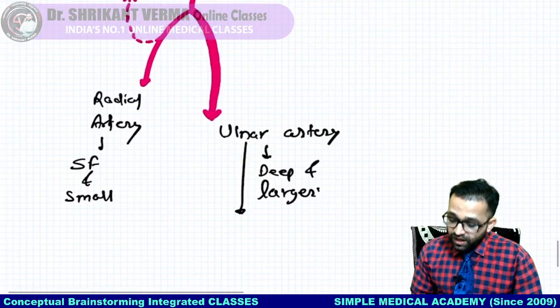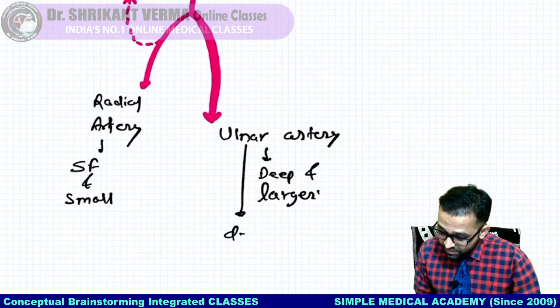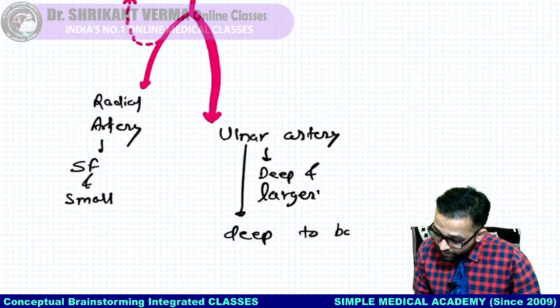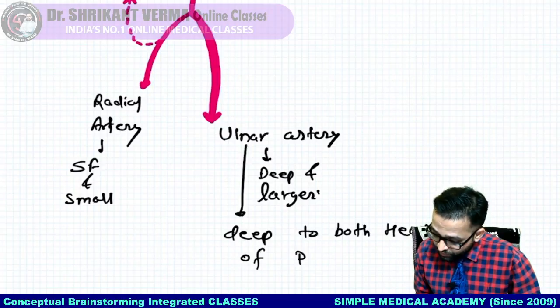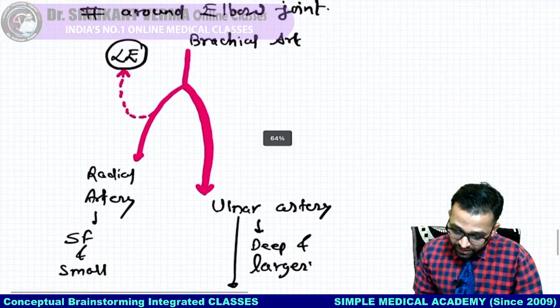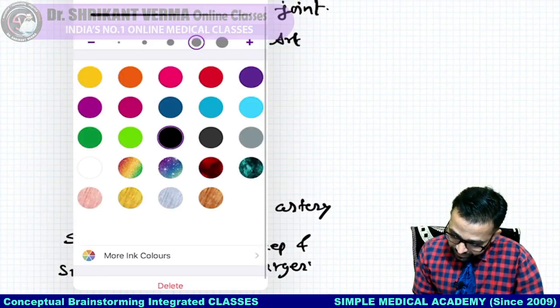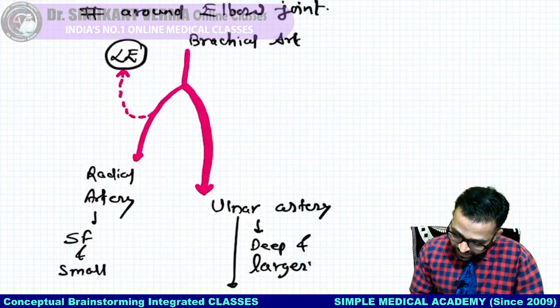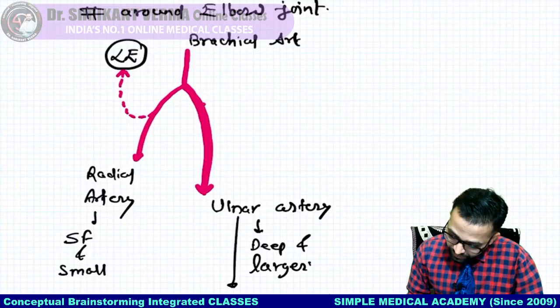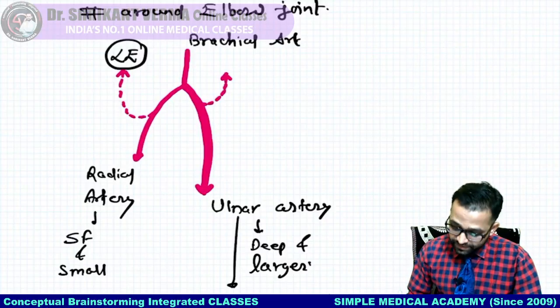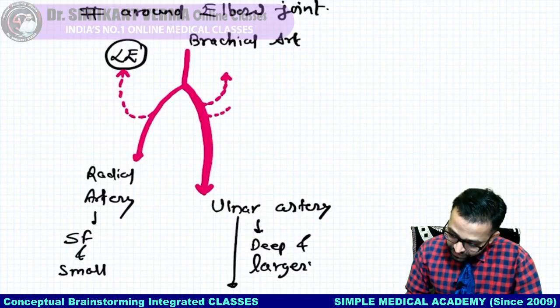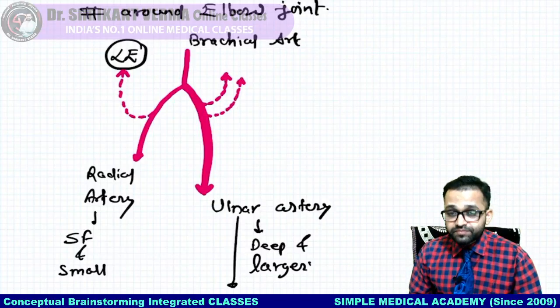Other point, ulnar artery is passing deep to both heads of pronator teres, and it is running medially. Okay, it is giving one branch which is running upside, it is giving one more branch which is going again upside.